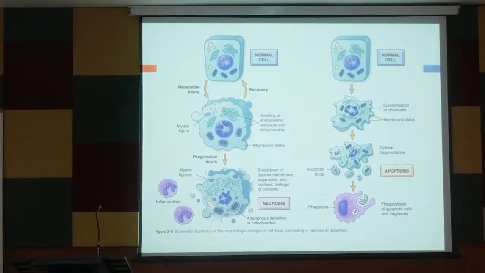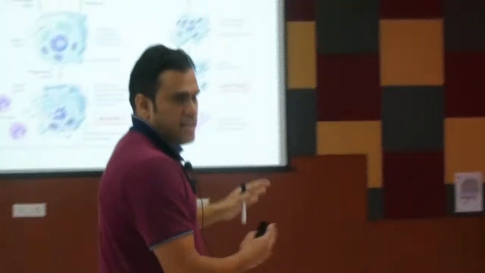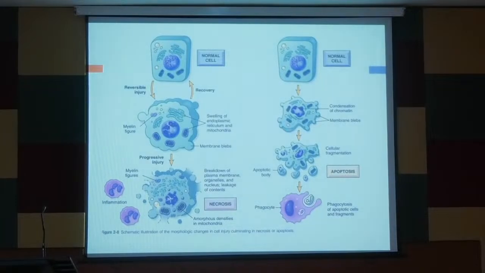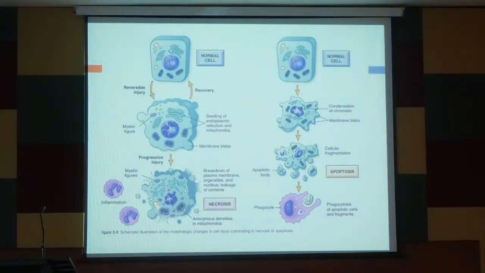Once the injurious stimulus is cut off, the cell reverts back to its normal shape and size, to its normal position. So basically the cell goes into a state of homeostasis. But if the injurious stimulus is persistent, the cell goes into a stage of irreversible injury, which is characterized by breakdown of the plasma membrane and the organelles and leakage of the contents outside, formation of myelin figures, resulting in the death of the cell.